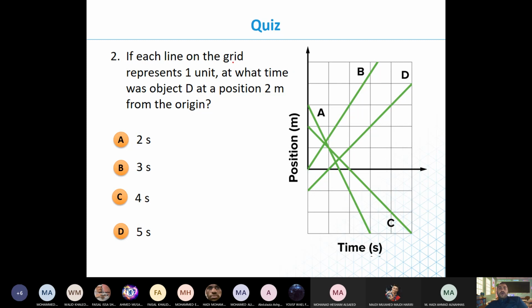If each line on the grid represents 1 unit, at what time was the object D at a position 2? So I am solving on D at a position 2. So where is the position 2? Who can tell me? So if this is 1, this is 2. So forget all these, just look at the graph D. You can see the line D here, guys.